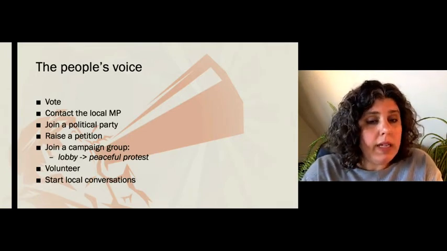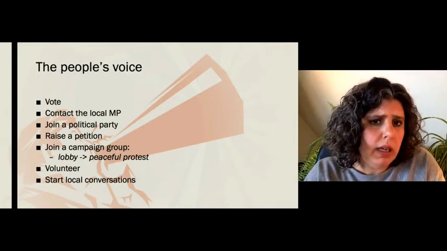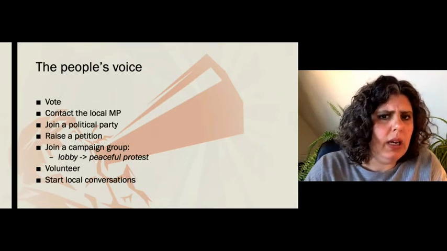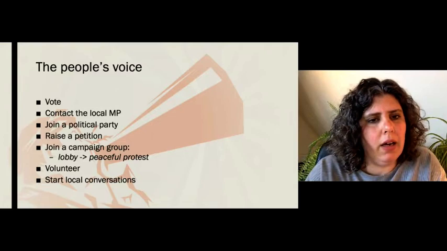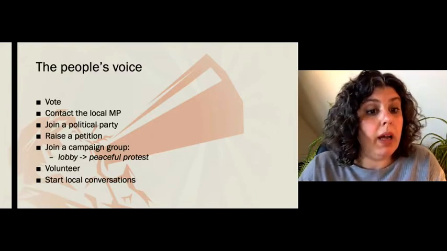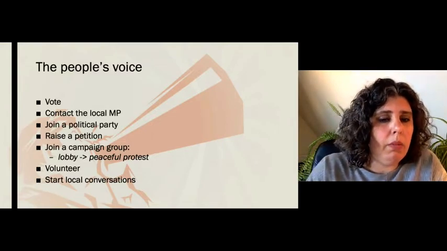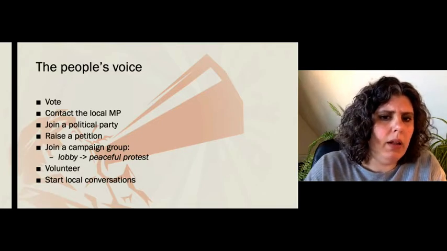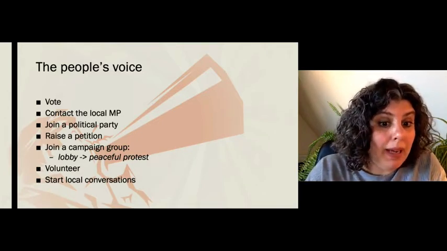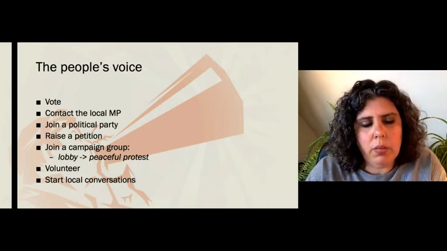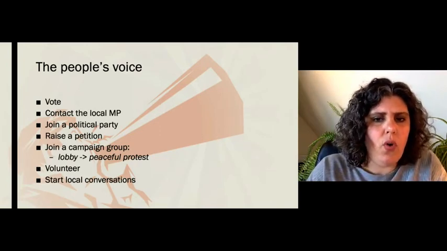We might raise a petition if there's something that we really want to see changed. We can ask lots of people to sign their agreement with a particular idea or proposal, which we might then take to our Member of Parliament and ask them to help us make it happen. We can also campaign. Campaign groups take lots of different forms.